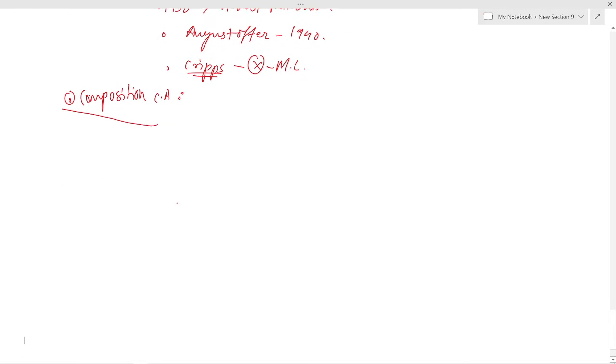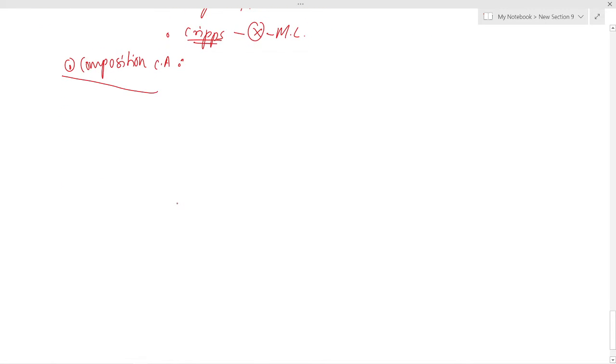The Constituent Assembly was constituted in 1946 as per the scheme formulated in the Cabinet Mission Plan.